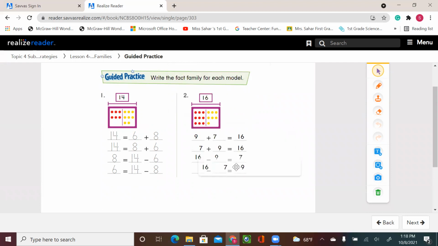Let's put it down. So now 16 take away 7 equals 9. So now we know that the order of the addition equation didn't make any difference. I still have the same sum.